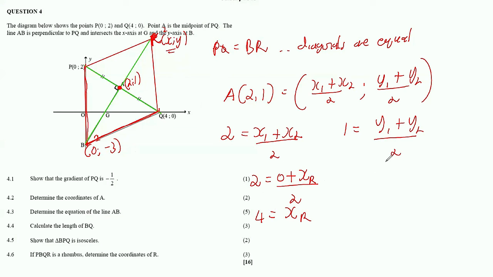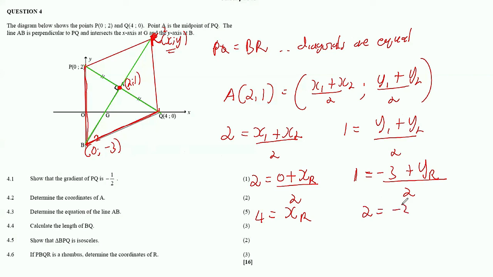Now I'm going to do it to find the y coordinate as well. So I will say 1 equals y1, again I take it as the coordinate for B, plus y of R, which I'm looking for, over 2. If I cross multiply here, that's 1 multiplied by 2, that's 2.